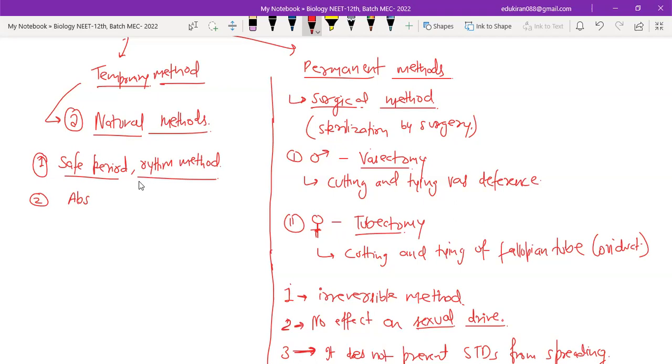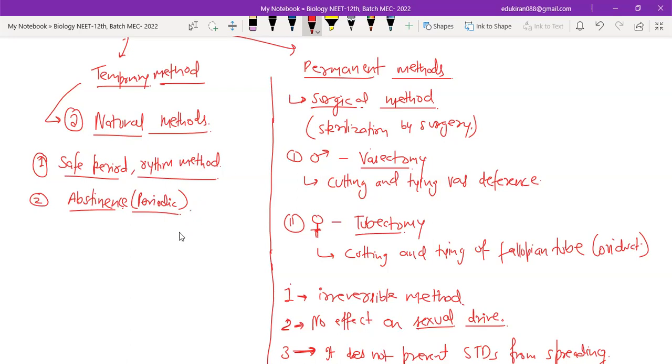Okay. The next method is abstinence, periodic abstinence. What do we mean by abstinence? Avoiding, absence. So periodic abstinence. Remember, if there are some safe days, there are also risky days, which we discussed from day 10 to day 20, let's say. This is the riskiest time.